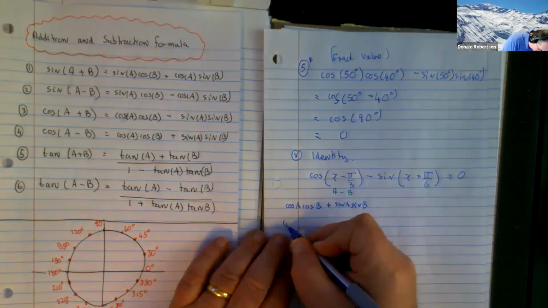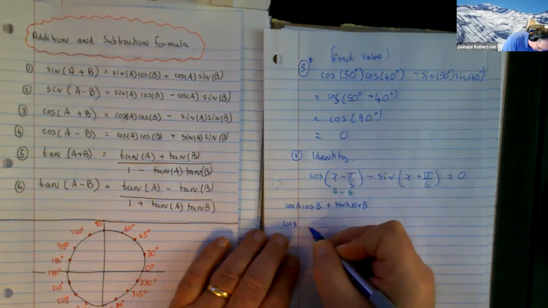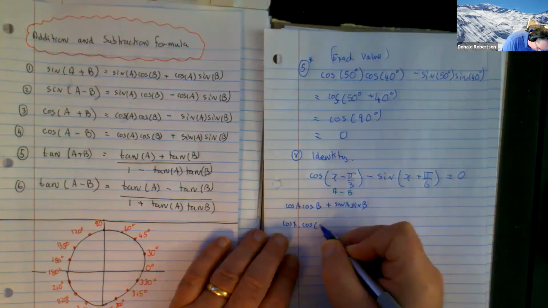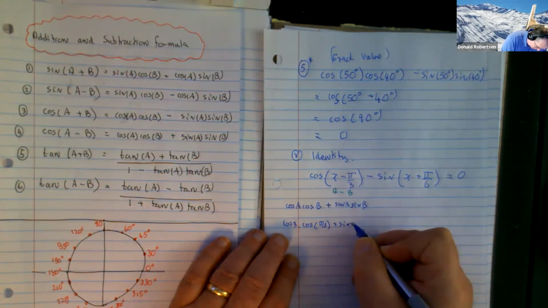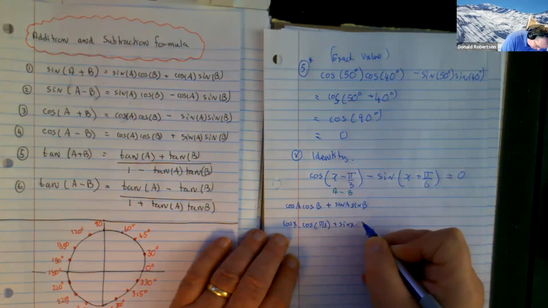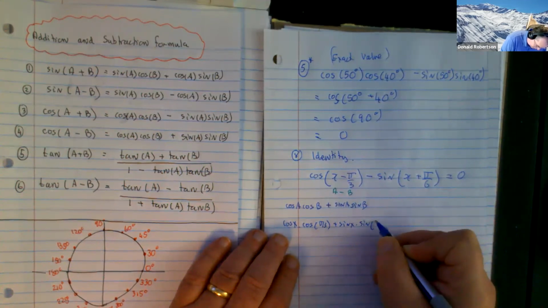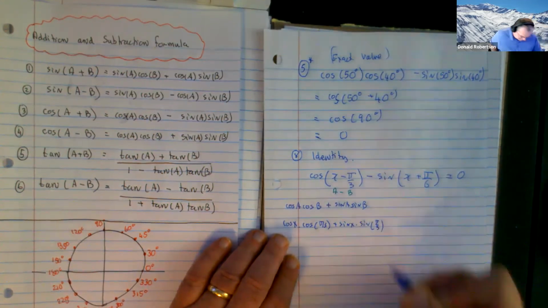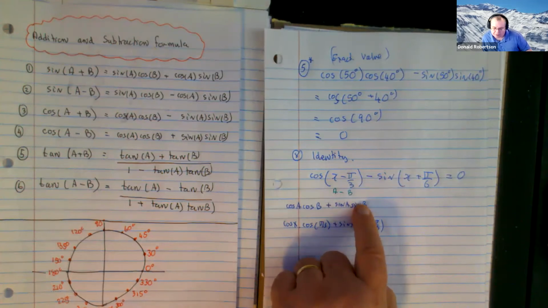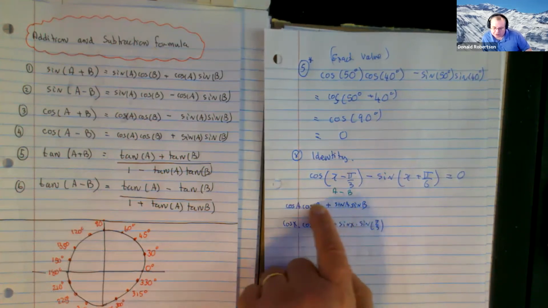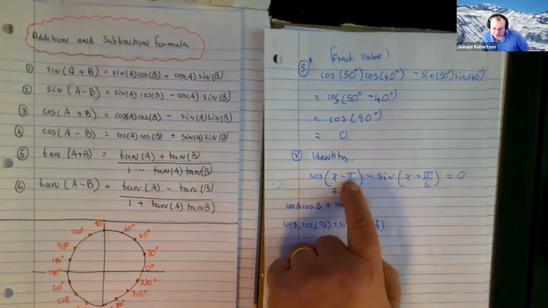This becomes the cosine of x times the cosine of pi upon 3 plus the sine of x times the sine of pi upon 3. Are you comfortable with calling this guy A and this guy B, and using this formula for the cosine of A take away B?